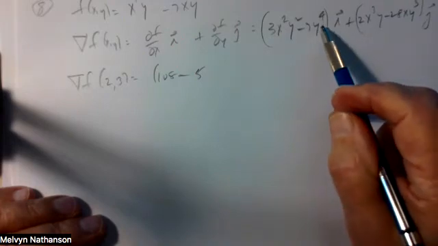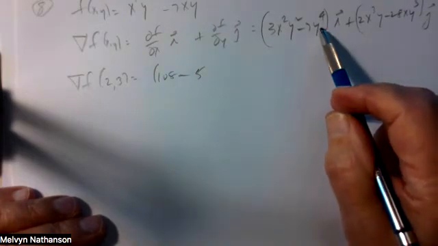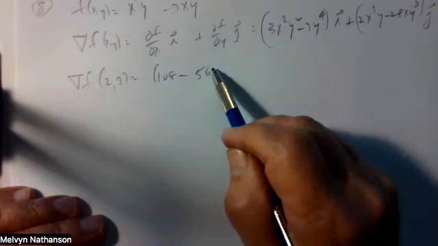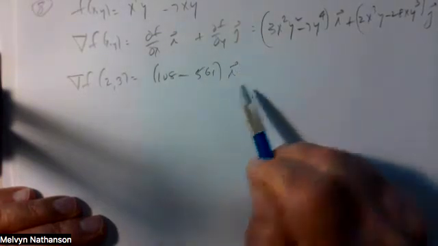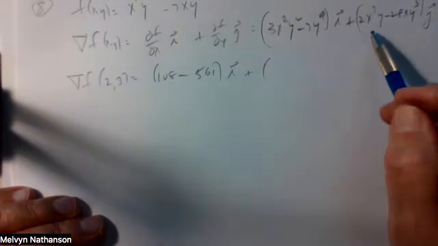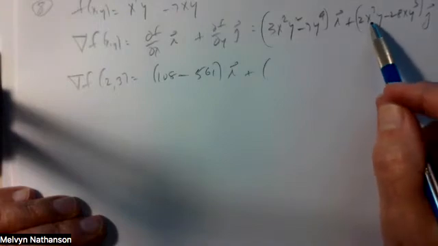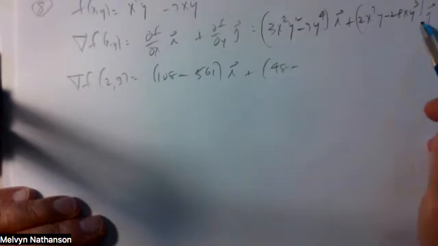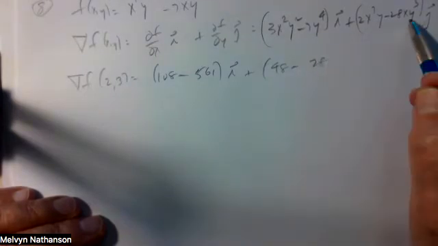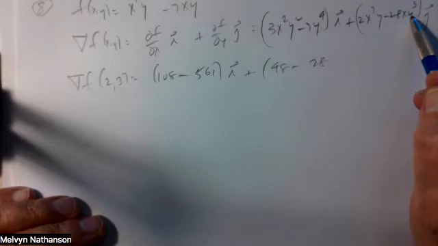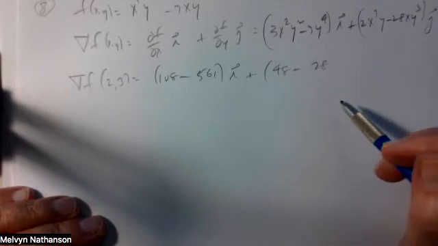Right, y to the fourth, 3 to the fourth is 81. 7 times 81 is 567. And when x is 2 and y is 3, this is 8, 16. 48 minus 28 times 3 cubed is 27 times 2 is 54.